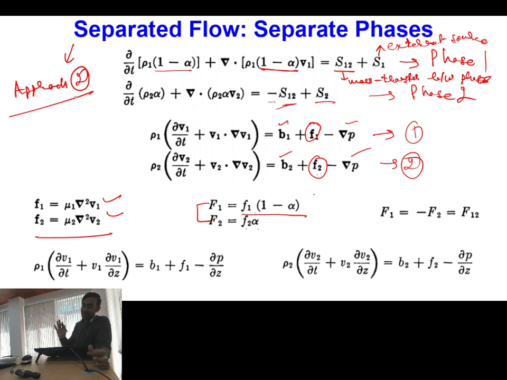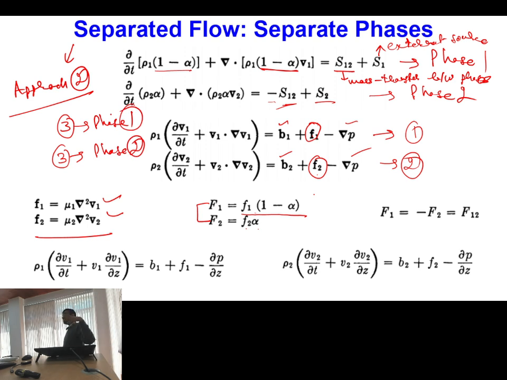If you do this for an adiabatic flow situation, and if heat transfer is also involved, then you will have three equations for phase 1 and three equations for phase 2. So you will have 6 equations, and then, in order to specify the properties, you also have to use some equations of state.